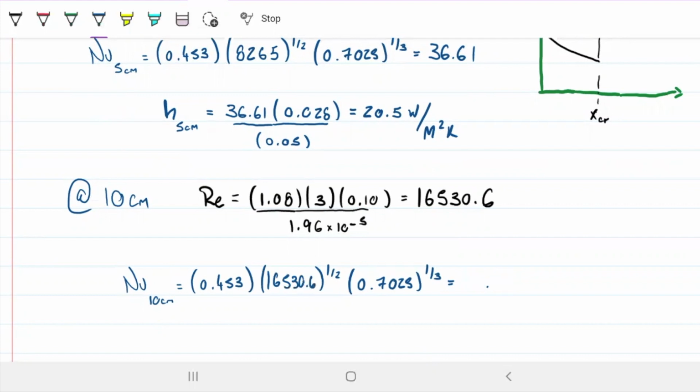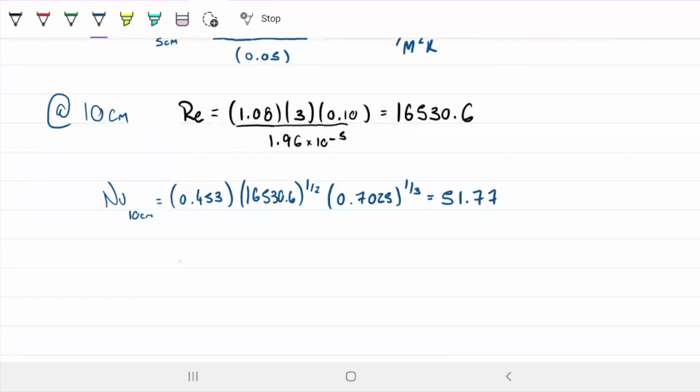So my Nusselt then becomes 51.77. And in spite of my Nusselt increasing, my X decreases, so my H will also decrease, as you'll see. So I have 51.77 times 0.028, so this guy is 14.5.